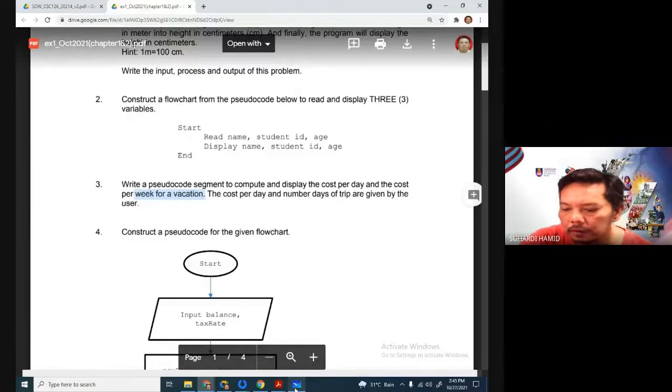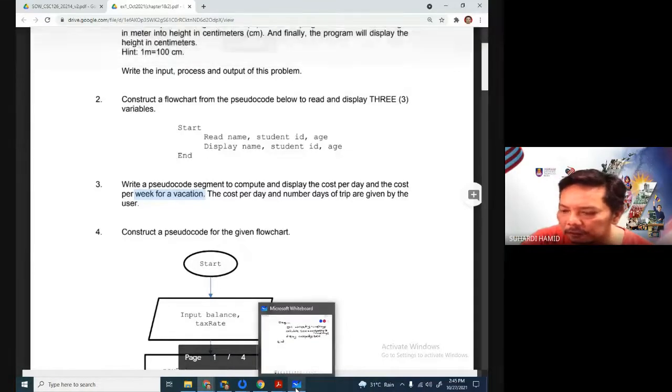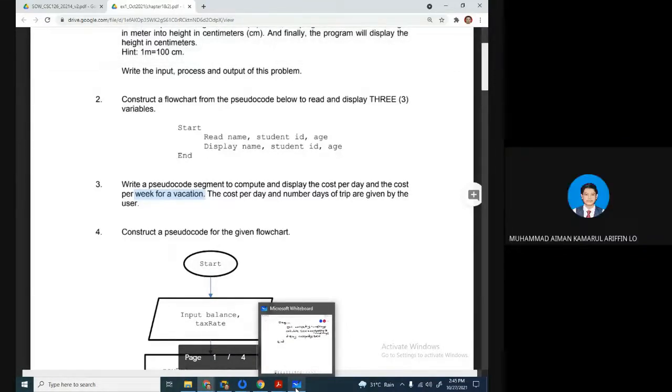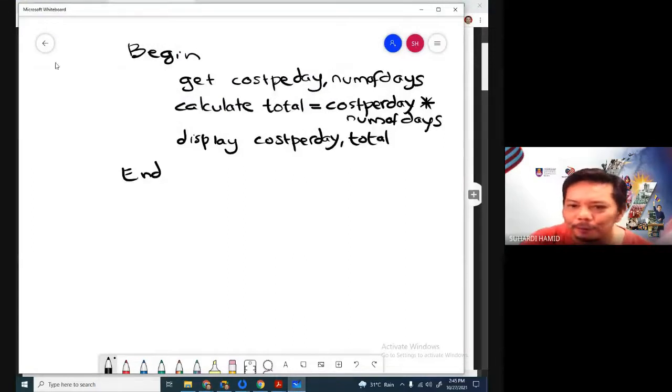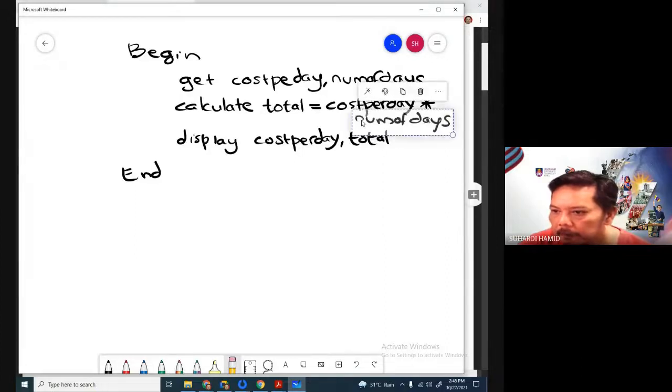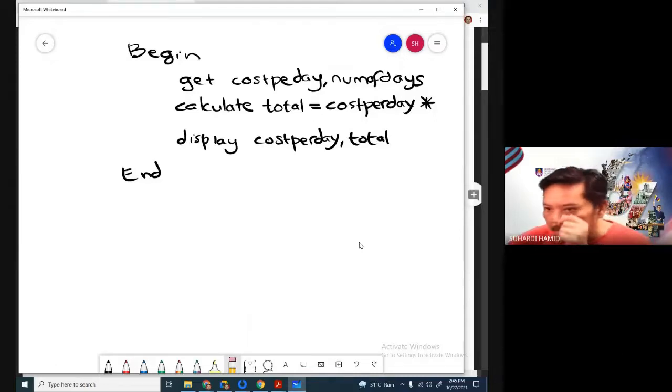Now, sorry. If you look closely, the question never states to calculate the total cost of the stay, isn't it? Yeah. So, my bad. Eraser. Cost per day multiply by 7.